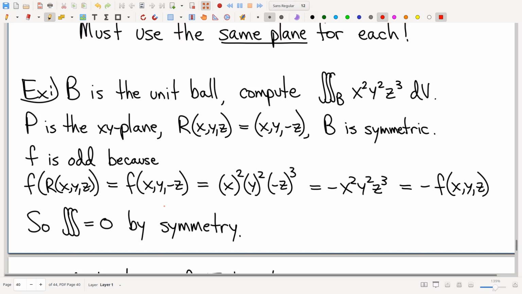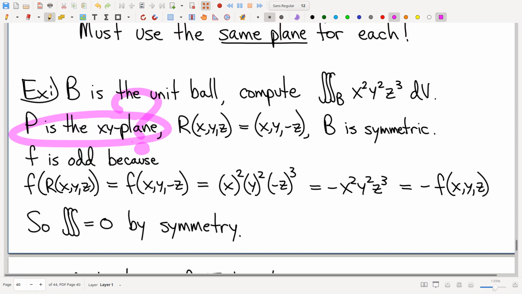Last thing I want to show you, where I did kind of pull a rabbit out of a hat here, where in the world did I come up with this formula for the reflection? Or I guess more to the point, how did I decide to use the XY plane? And why couldn't I have used the XZ plane or the YZ plane or the plane Y equals X? Or there's a bazillion planes through which the ball has symmetry, right?